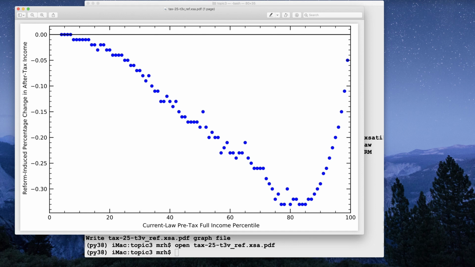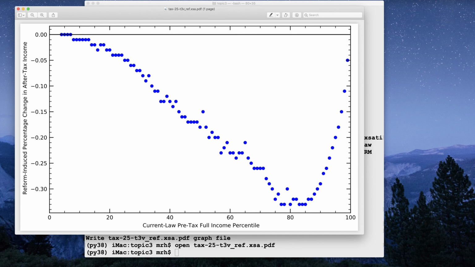It's your full income before any tax minus your personal income tax liability. So there's no current law and reform here because this actually uses results from both current law and reform. For each person, you're figuring out the percentage change in their after-tax income that's caused by the reform.